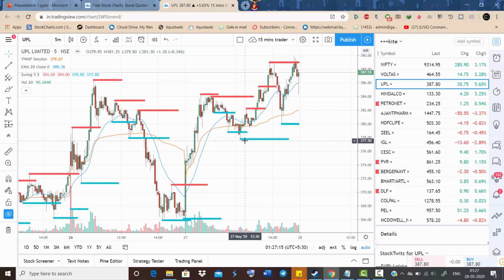Stop loss is a few points below the low of C, like A, B, C. C is the lowest point of the consolidation. If you don't get good volume there, you can see this red candle has a good volume. That is a good entry point above 381.35.